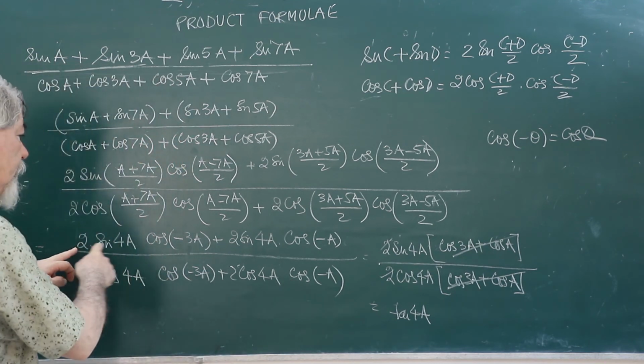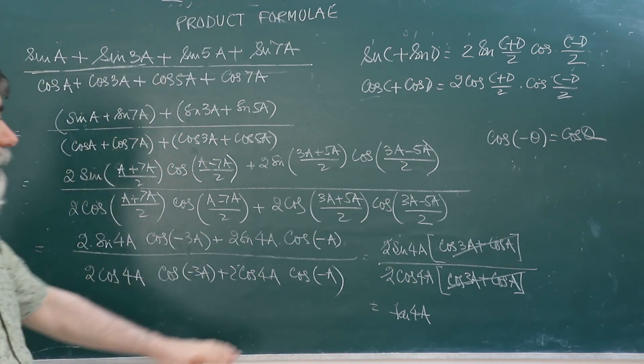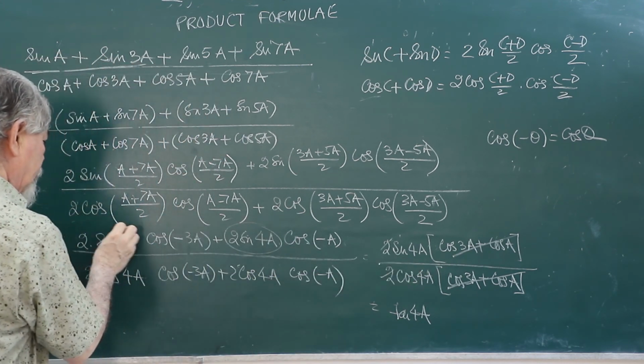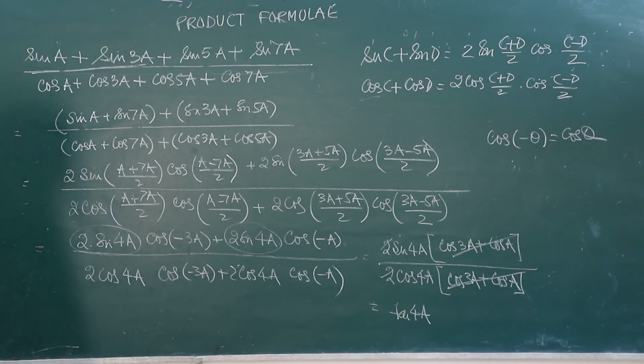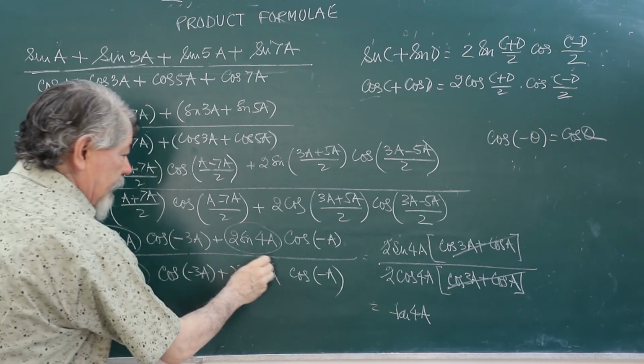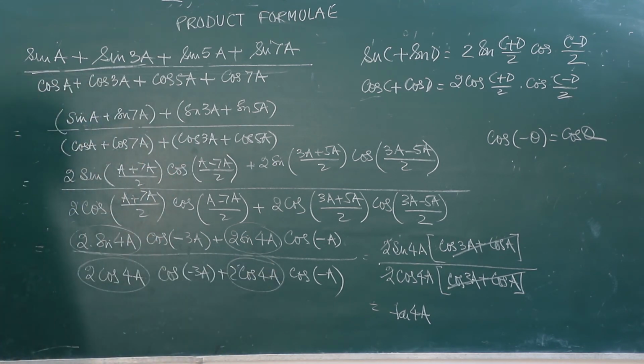Out of the numerator terms, I could take 2 sine 4A common, because 2 sine 4A is coming here and 2 sine 4A is coming here, so I have taken 2 sine 4A common. In the denominator I have 2 cos 4A and 2 cos 4A, which I have taken out common.